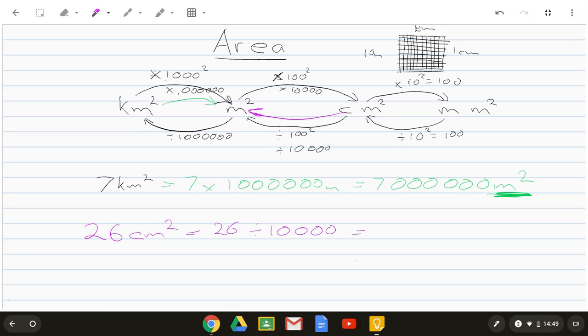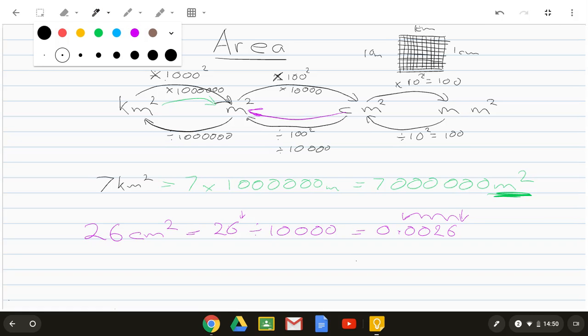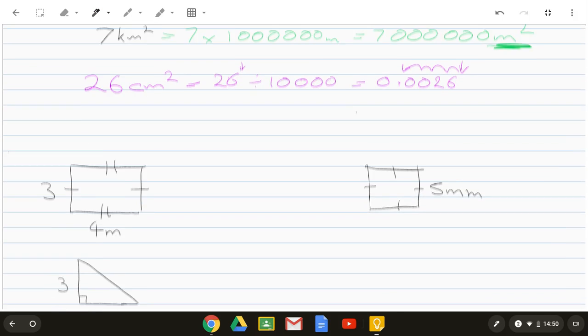So when we divide it by multiples of 10, I'm going to have to move the decimal point, and I'm moving it 1, 2, 3, 4 places. So my decimal point was previously after the 6, and I've moved it because I've divided it by 10,000.